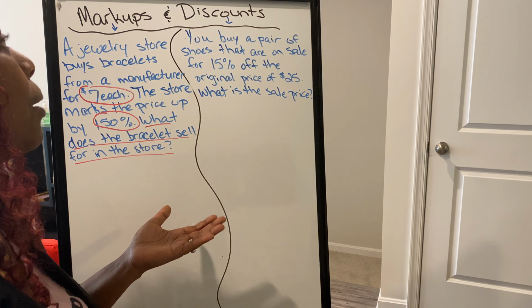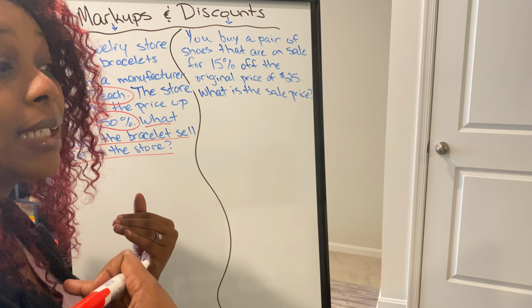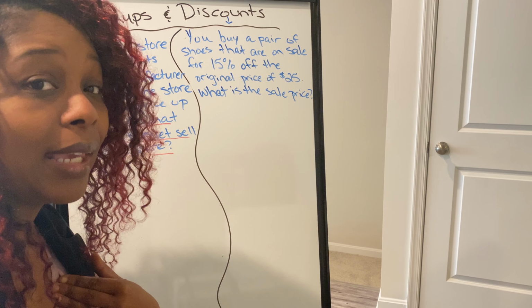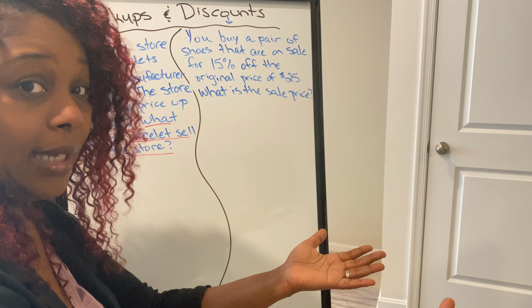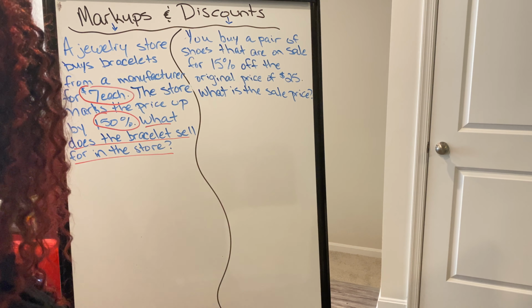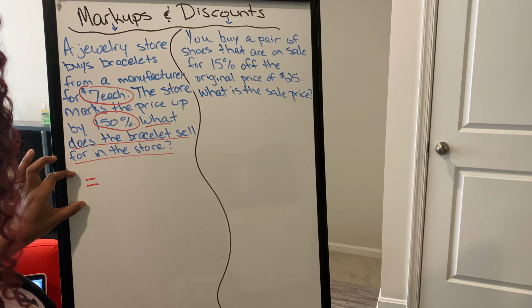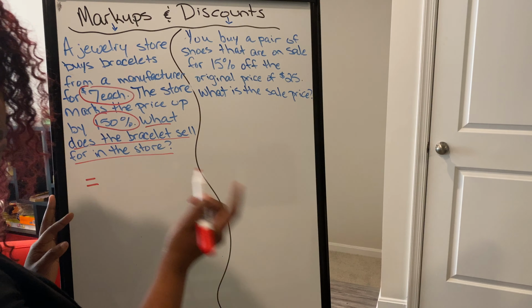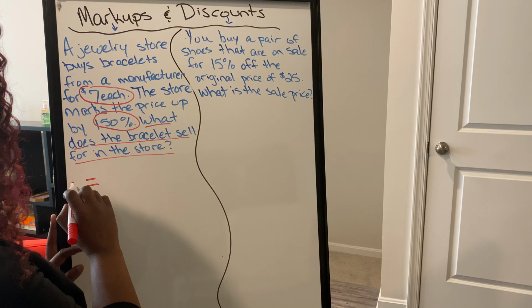How much more am I paying? How much more as the consumer, as the buyer, am I paying than what the store owner paid? Okay? So we're going to set it up like this. You have your equal sign because we don't know what this is. So this is just our unknown value. So we can call it X because you guys do know expressions and equations. Or I can just leave it here.